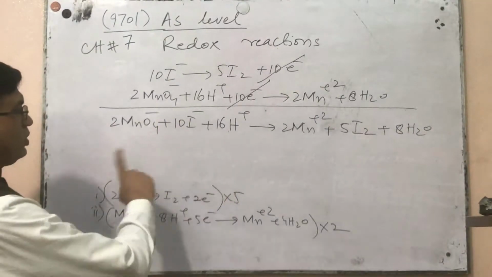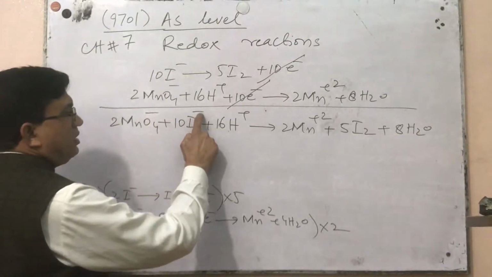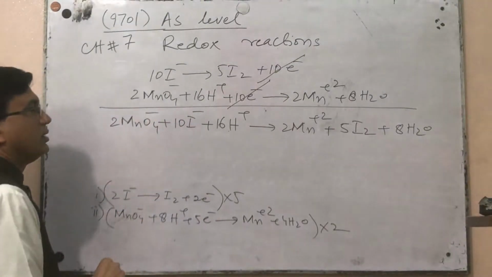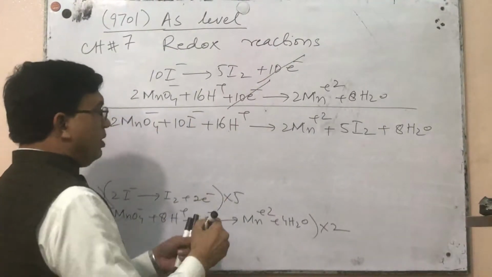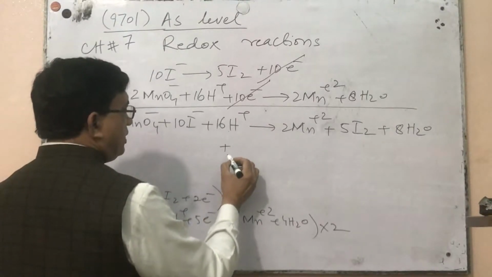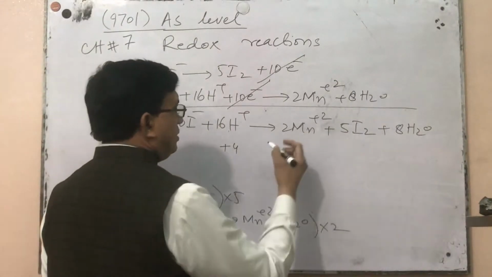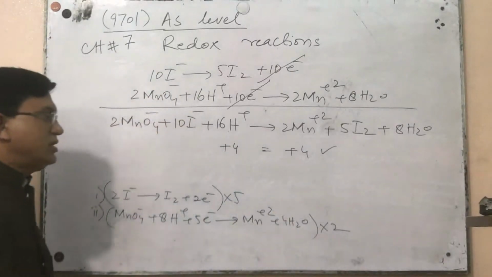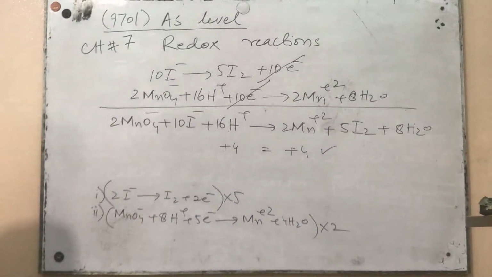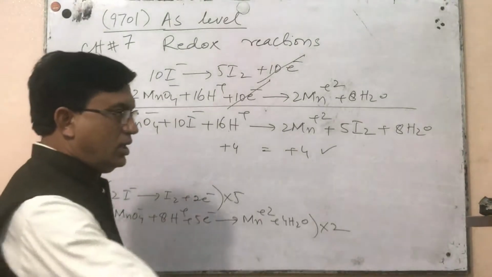For the total charges: minus 2, minus 10, minus 12, minus 12 plus 16 means the overall answer will be plus 4. And what is here? Plus 4. The charges are also balanced. In this manner, the half equation can easily be balanced.